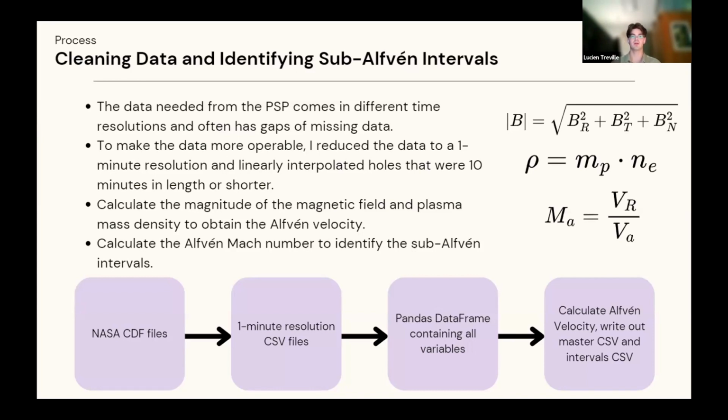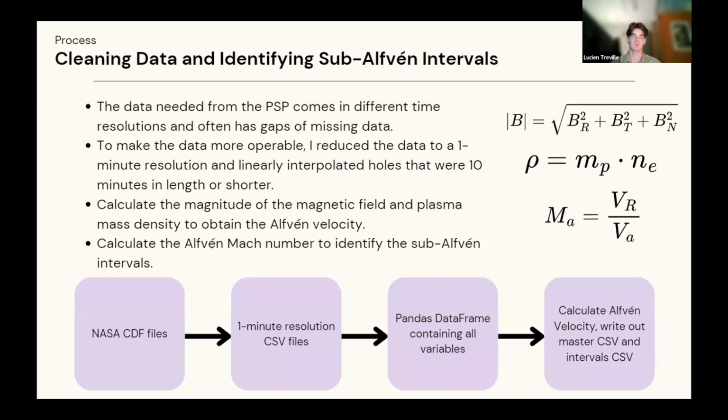I calculated the magnitude of the magnetic field. Something I want to touch on is until this summer, I did not know about the RTN coordinates. For a computer science major, I don't really do astrophysics. The way I explain it to my family is it's just our regular 3D XYZ coordinate, but for space. So we have RTN.